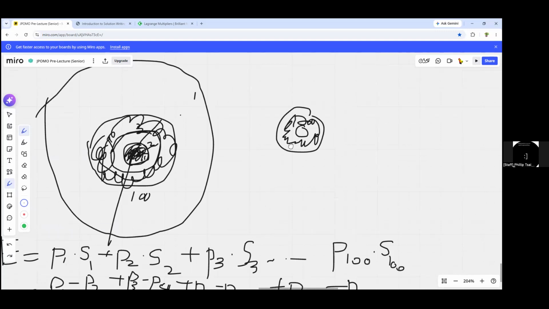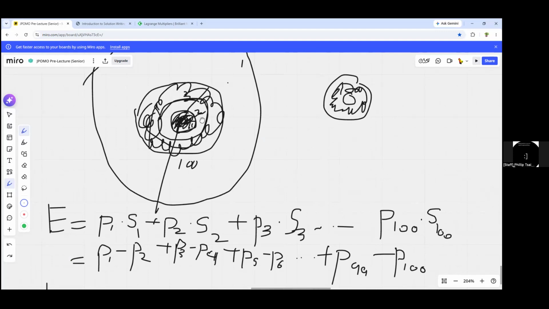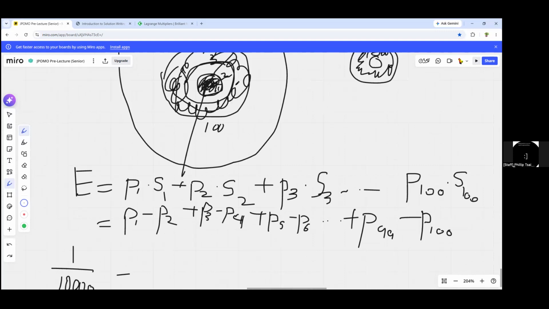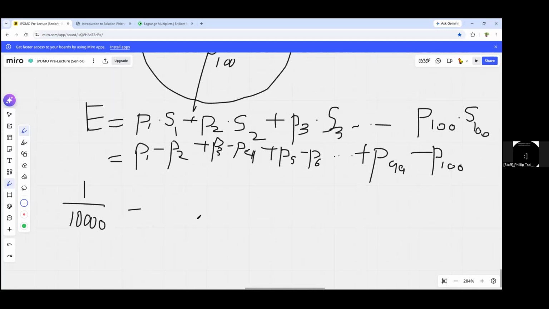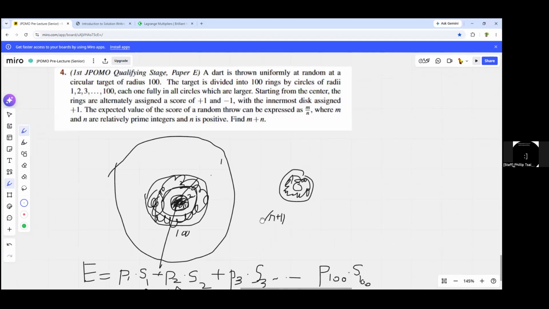So in this case, for all of the rings, it's the difference in area between circle n plus one and circle n.